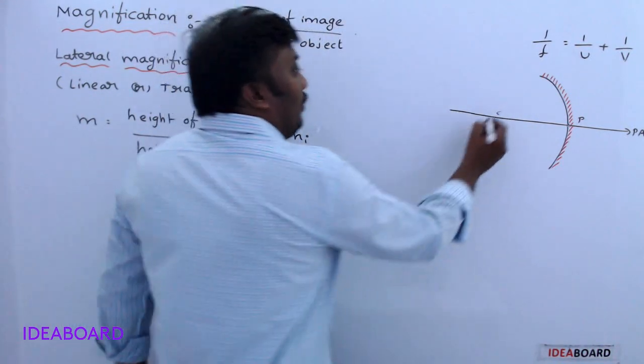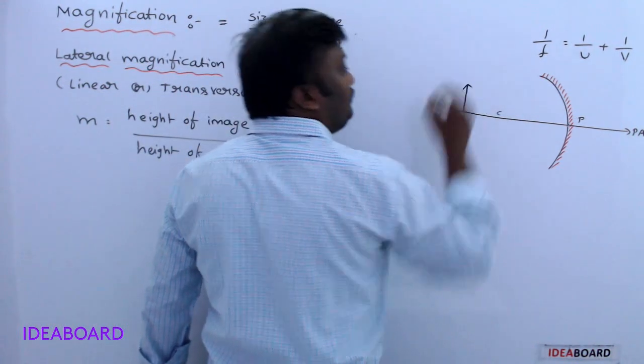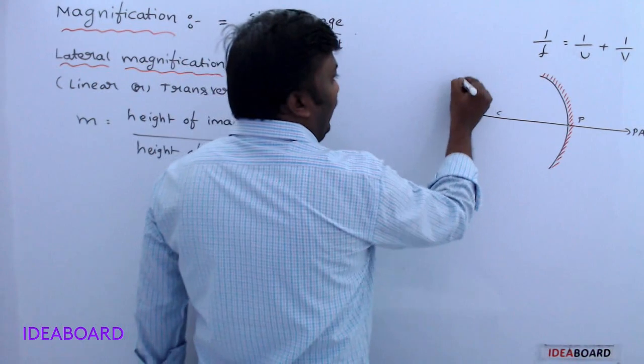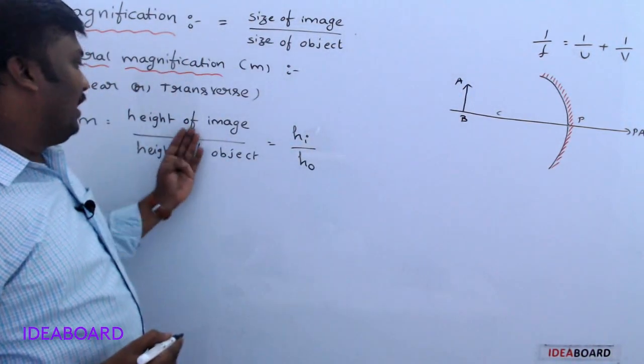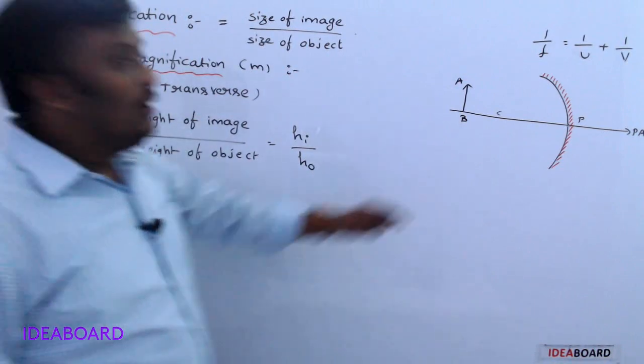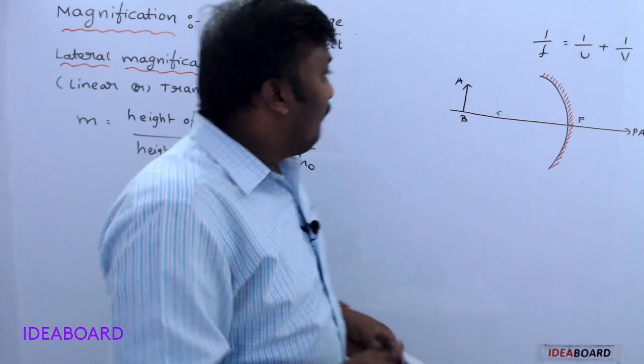Now let us take one extended object AB, because we want the height of the object and height of the image, so we must consider an extended object here.